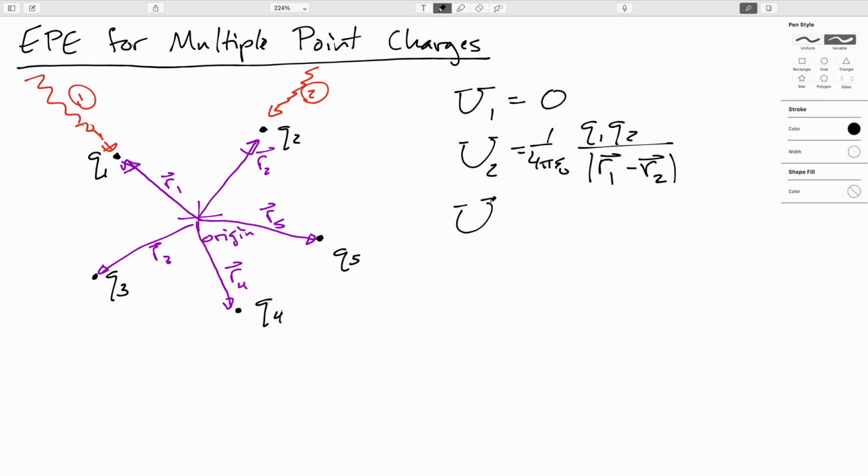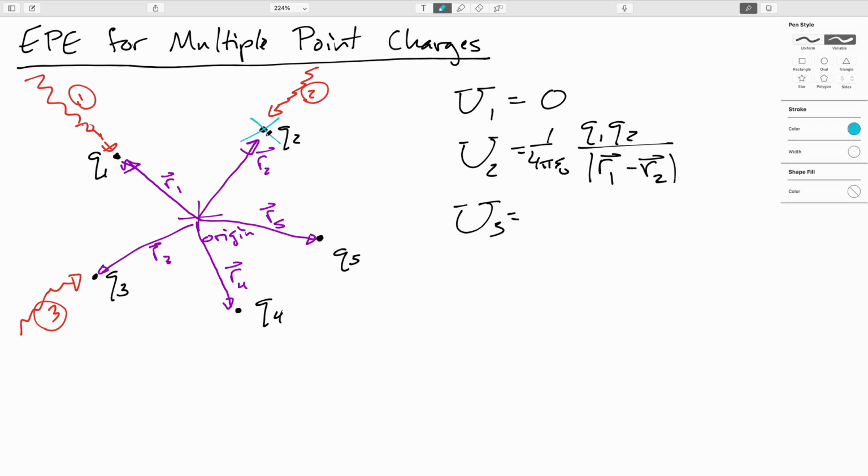Now if I bring in a third charge, what is that going to bring into the game? Well, when I bring in charge number 3 from infinity, like so, we don't have to worry about how Q1 and Q2 are interacting. We already took care of that with our expression for U2. So now we will apply superposition and first pretend that Q1 and Q3 are the only two charges in the universe.